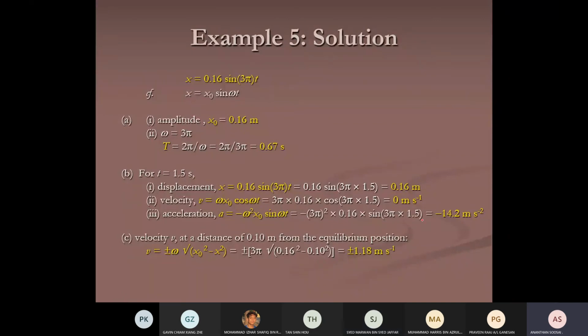So you put all the information like this. So you got negative 14.2. Yeah, 14.2. Okay.